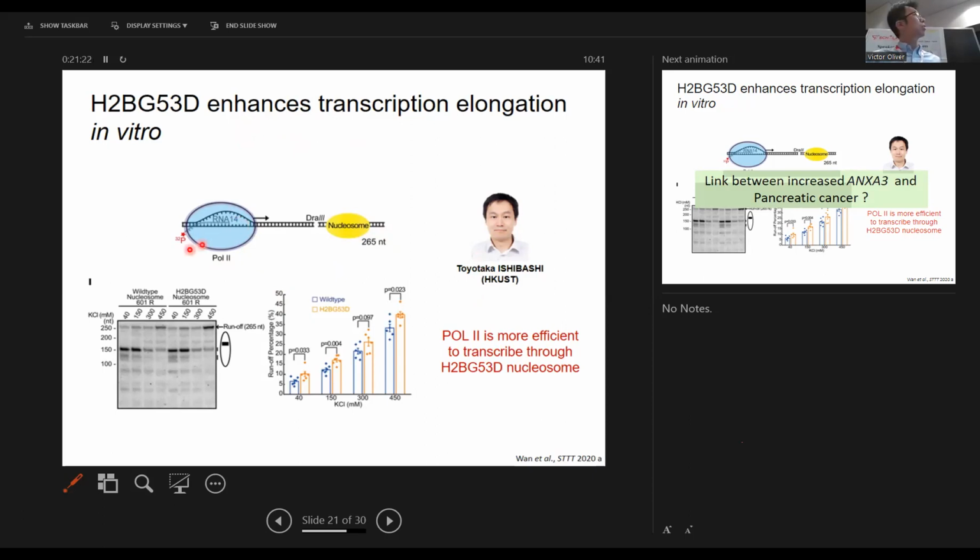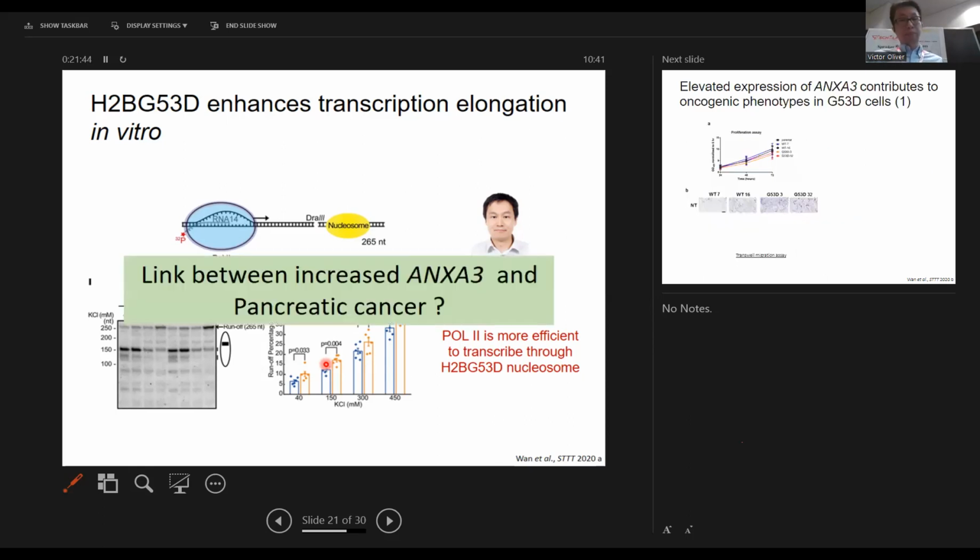We can see that polymerase II is more efficient at transcribing through the H2B G53D nucleosome than the wild-type nucleosome, suggesting that the G53D mutation affects nucleosome stability and also the transcription rate.